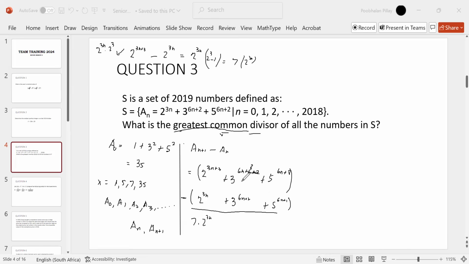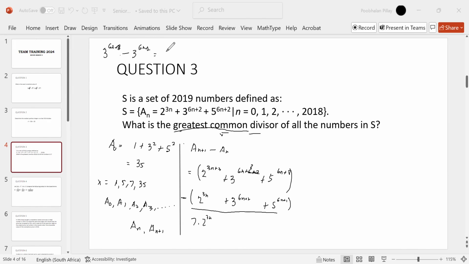Now, you can do the same thing here. If you take the next pair, this time you got 3 to the power of 6N plus 8 minus 3 to the power of 6N plus 2.